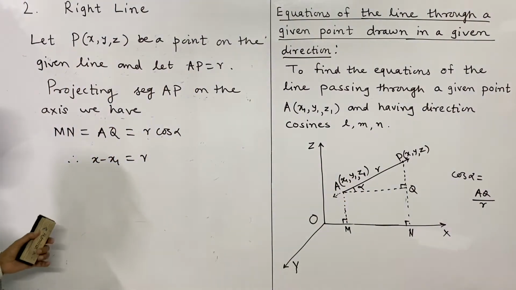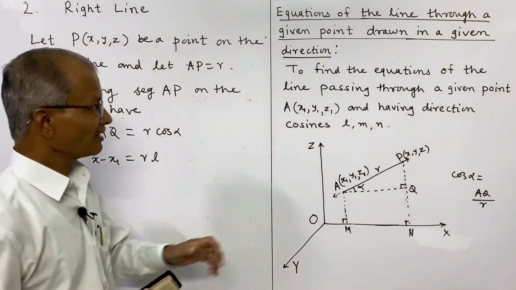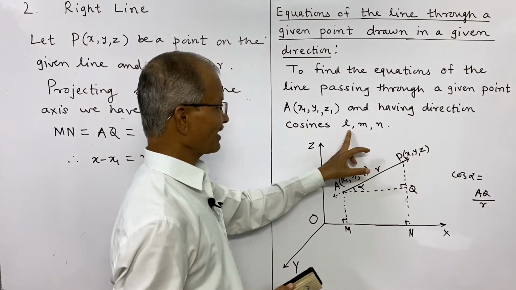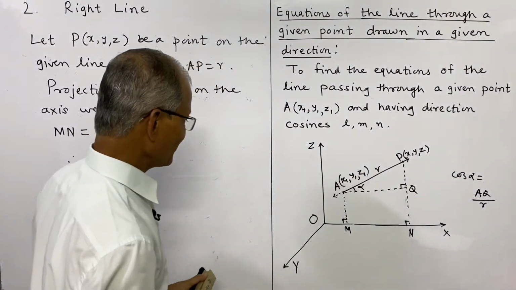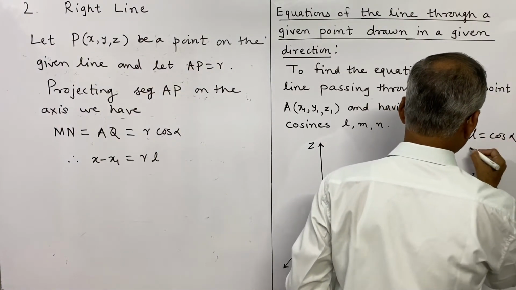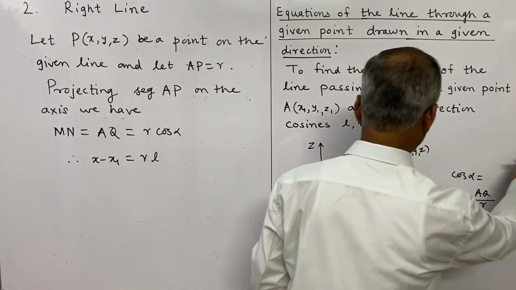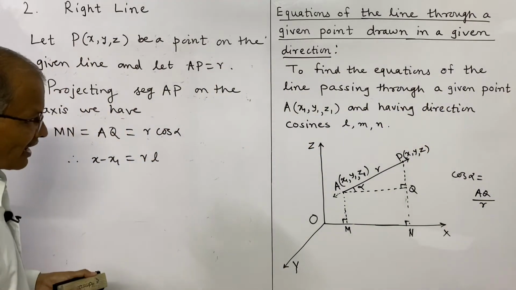And what is cos alpha? We know cos alpha is l, because the direction cosines of the line are l, m, n. That means l is equal to cos alpha, m is equal to cos beta, and n is equal to cos gamma, because the angles made by the line are alpha, beta, gamma.